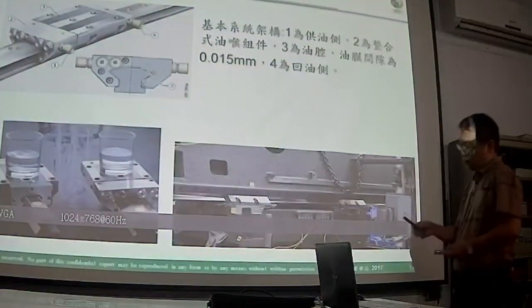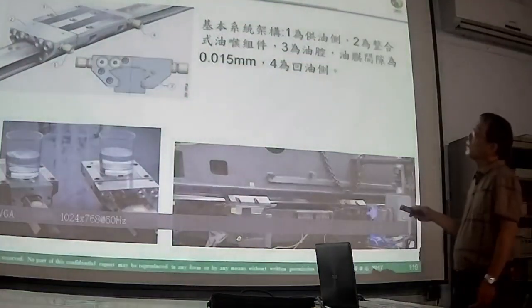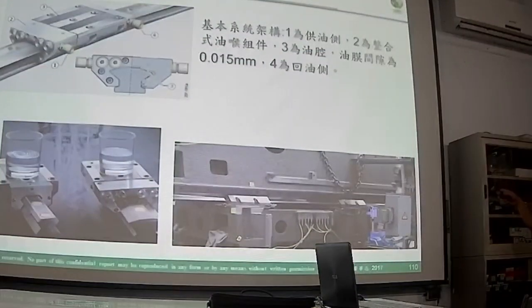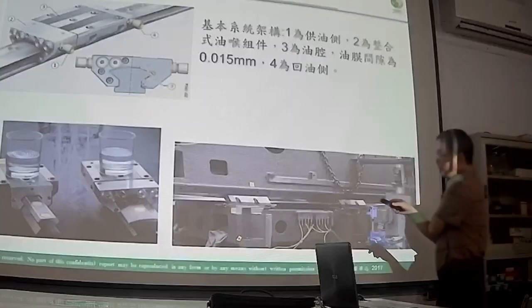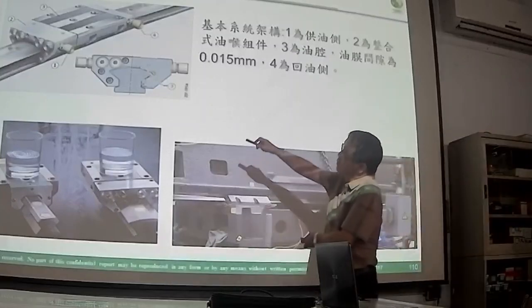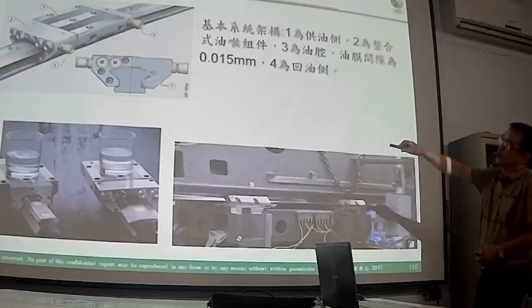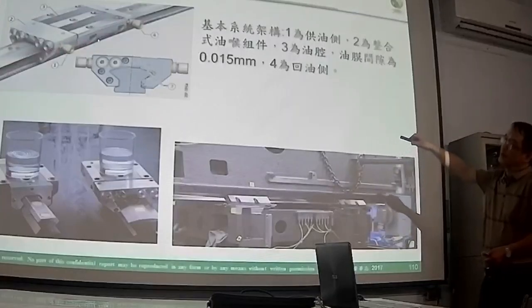So this is a linear guide part, and this is the movement on the fixed rail. Okay, so this one is moving.